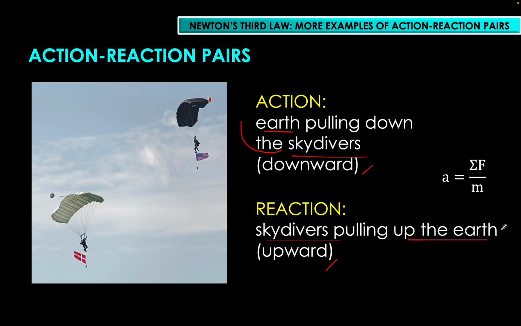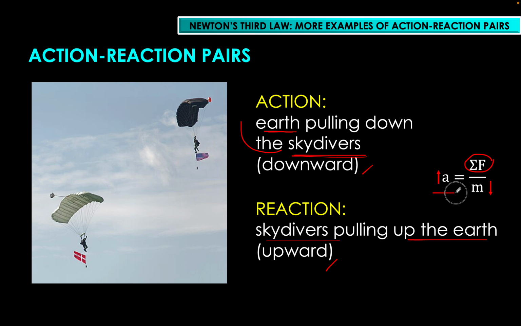The reason why you don't see the Earth accelerating appreciably is because you have to recall that in Newton's second law, for a certain amount of force, mass and acceleration are inversely related. Meaning to say, the lower the mass is, the greater the acceleration. That's why, in the Earth versus skydivers case, these skydivers are way less massive than the Earth.